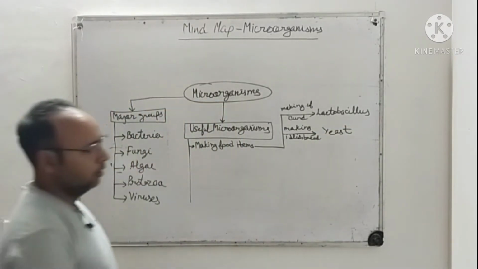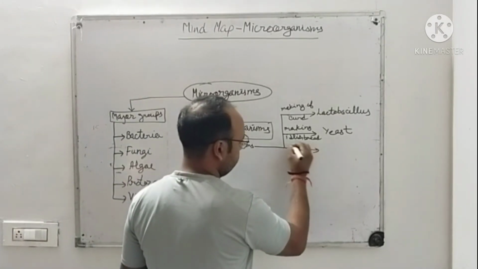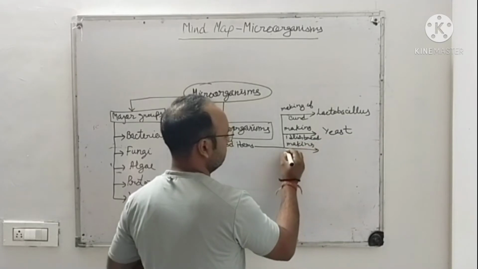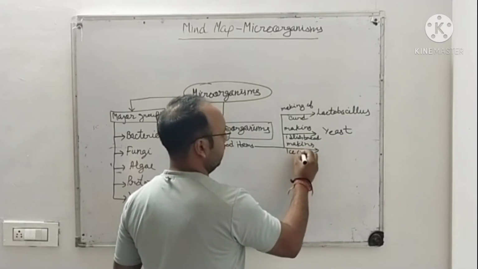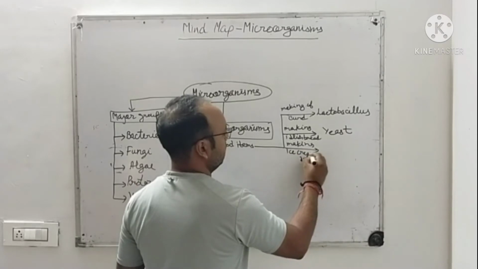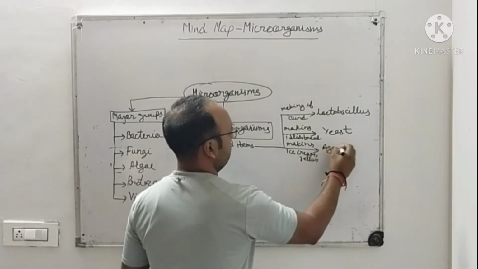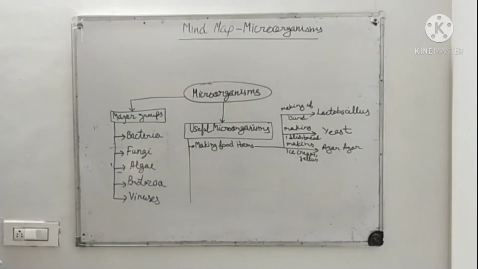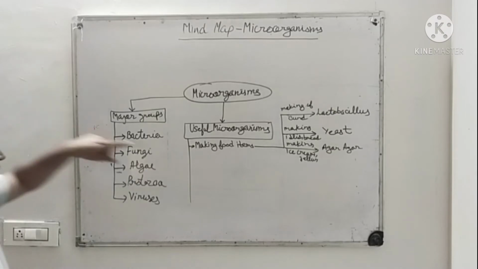Then one more, making ice creams, jellies, that I told you, agar, right? This is obtained from algae. So this is the use of microorganisms in the food industry.